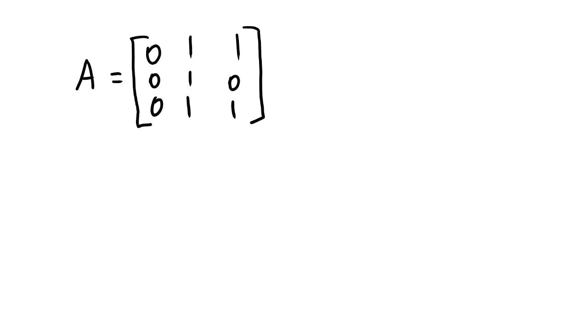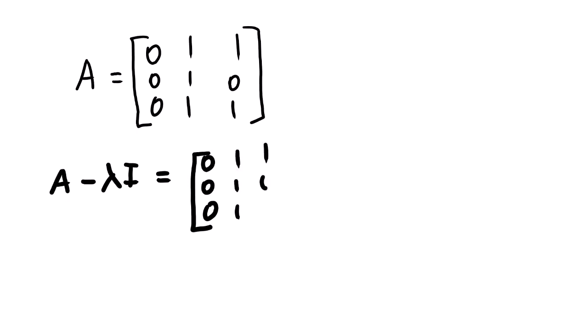Now remember, the first step, we need to find our characteristic matrix, which is defined by this. So our matrix A is 0 1 0, 0 1 1, 1 0 1, and then minus lambda.